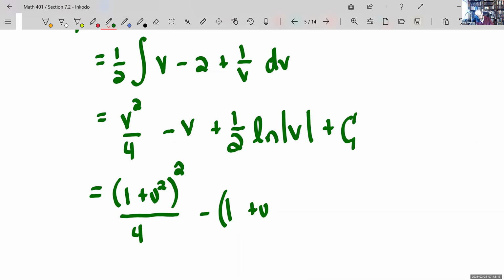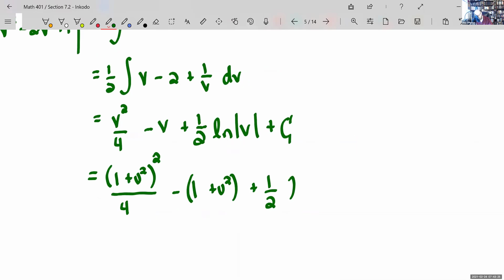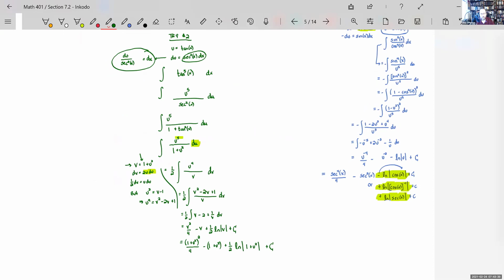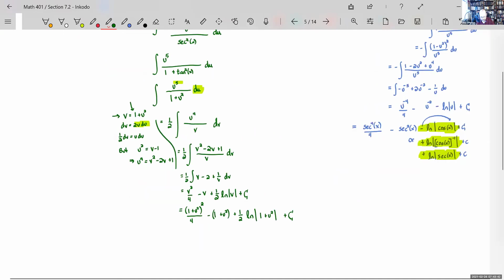Don't forget that quantity. Plus 1/2 natural log absolute value of 1 plus u squared, plus c. And then we make our final substitution. What is u equal to? All the way at the top. There we go, it's equal to tangent. So I'll substitute in the tangent.